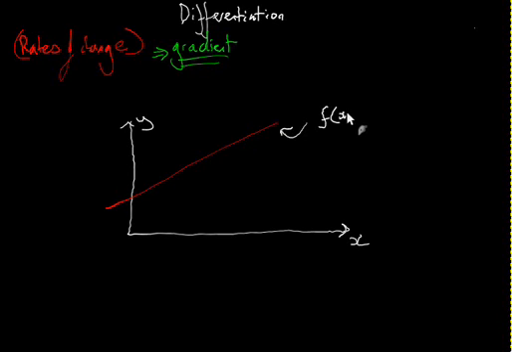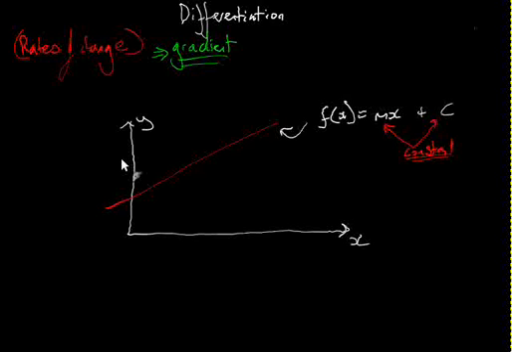A straight line, we know, is characterized by the equation f of x is equal to mx plus c, where m and c are constants. Now, the c refers to the intercept of the y-axis of the function, so where the function crosses the y-axis, so here.